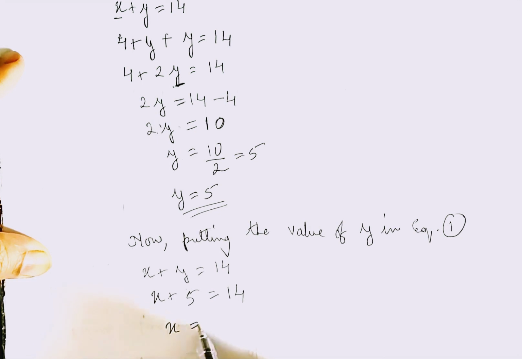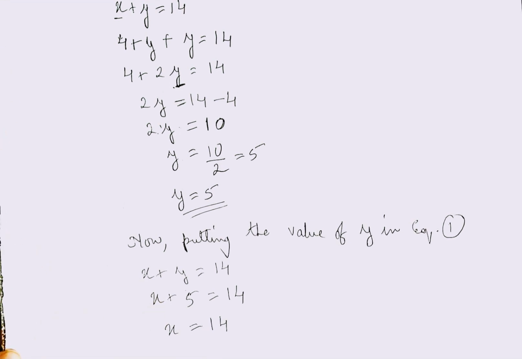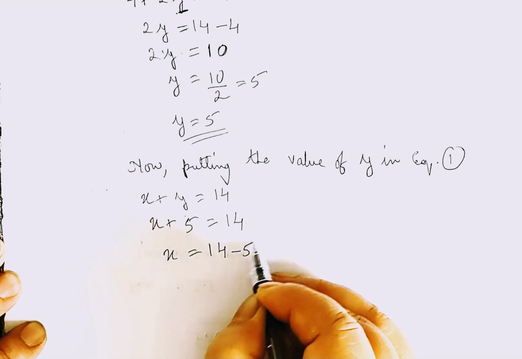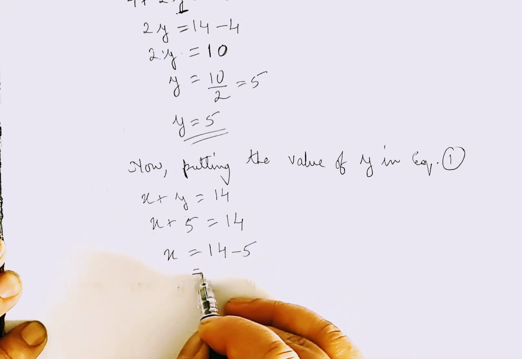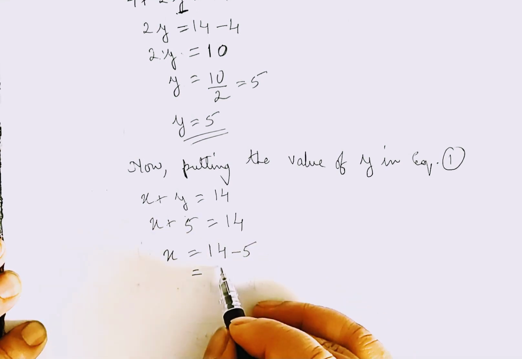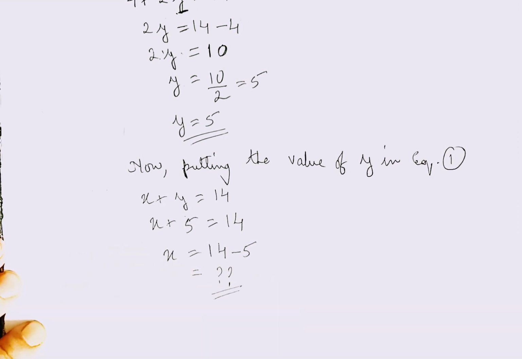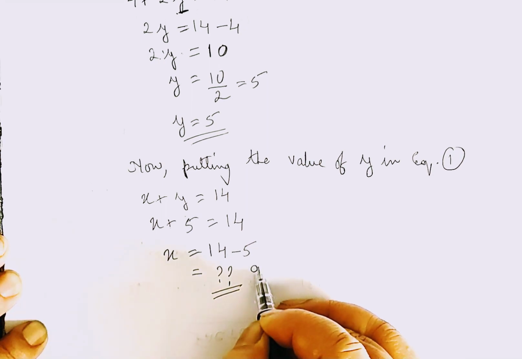Now x is equal to 14, you will just write as it is, and now you have to bring this 5 to the right hand side, that is 14 minus 5. Now what is the answer? You know the answer. Okay, calculate it. Got the answer? Okay, it is 9.